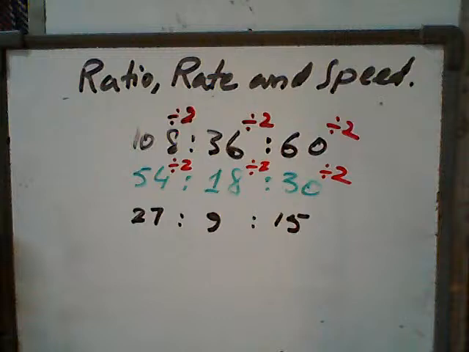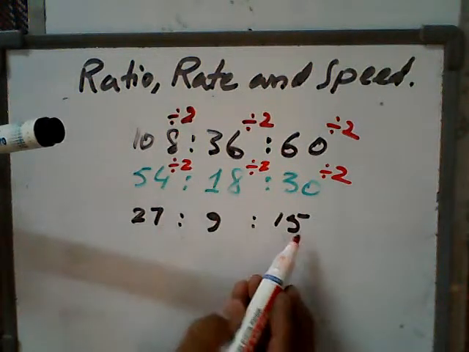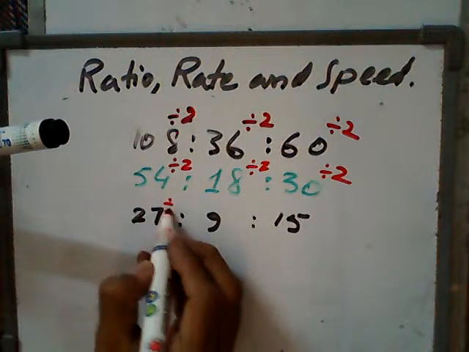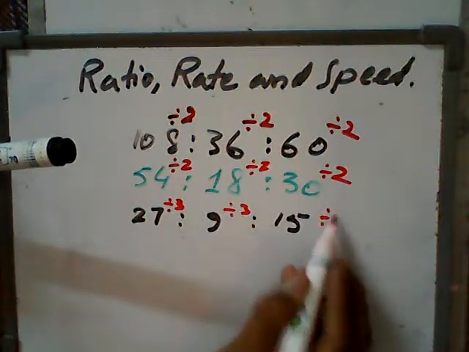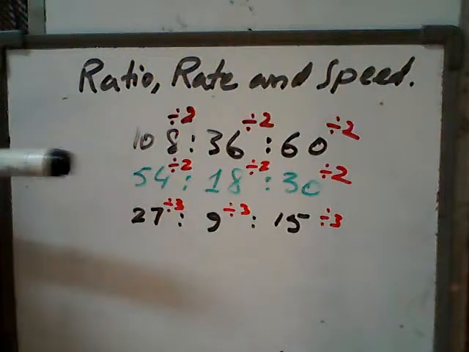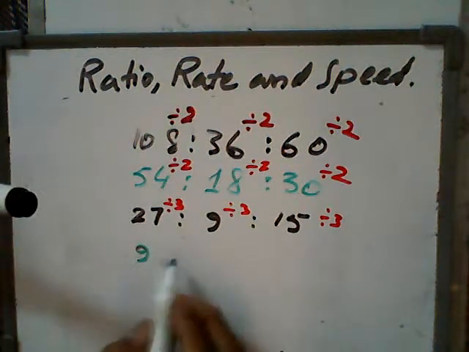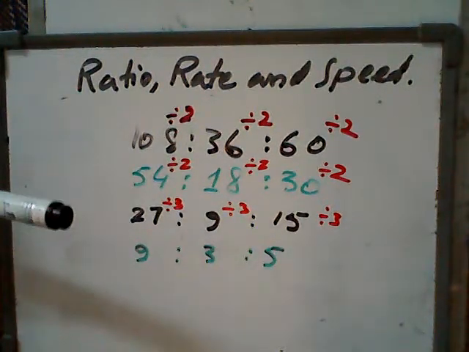Now 27 and 9 are divisible by 9, but 15 could not be simplified by the table of 9. But all are divisible by 3, so its answer becomes 9, 3, and 5.